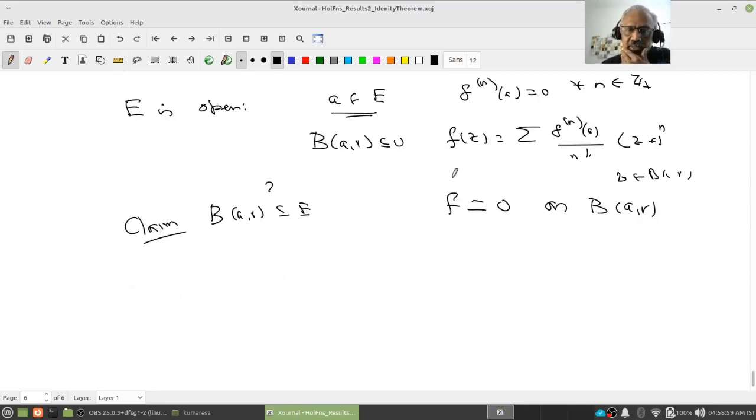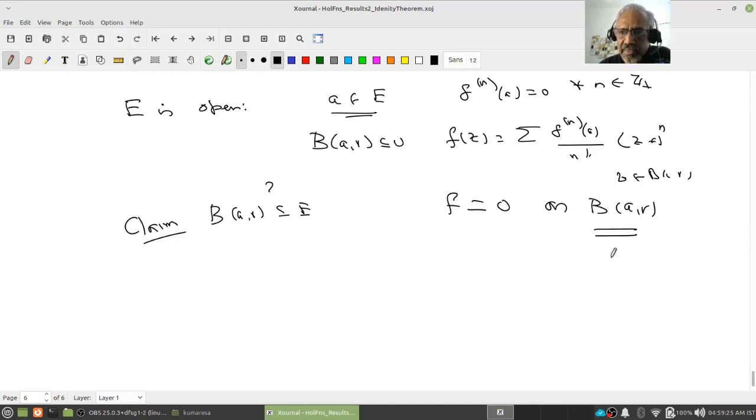What I noticed is under the stated assumption my f is going to be 0 on this B(a, r), because this is going to be the Taylor series expansion or the power series expansion of f on this. Okay, because we know any holomorphic function admits a power series expansion, Taylor expansion.